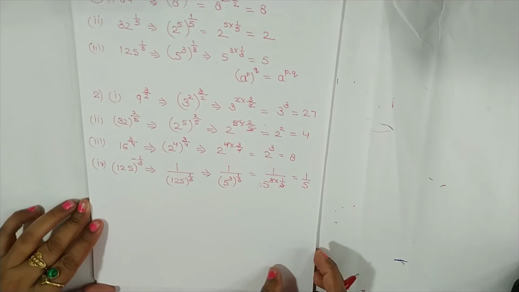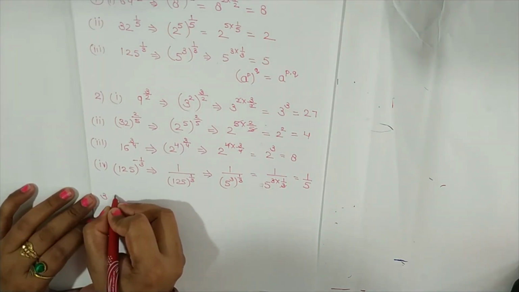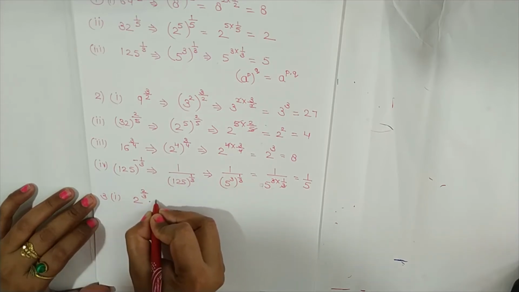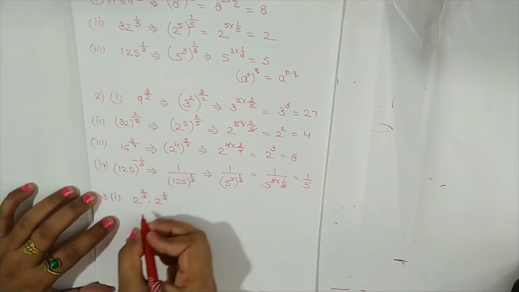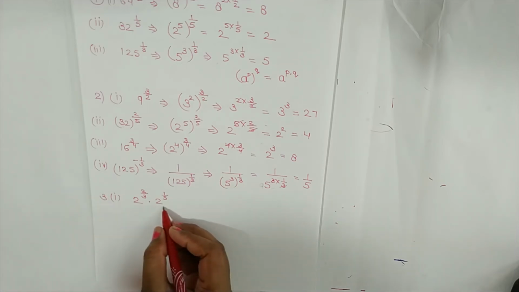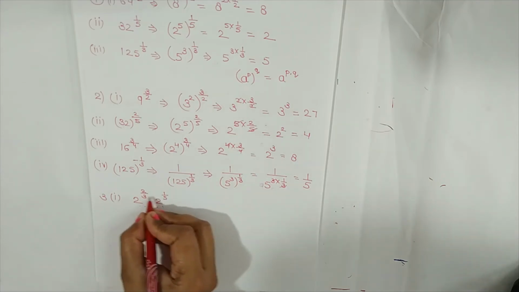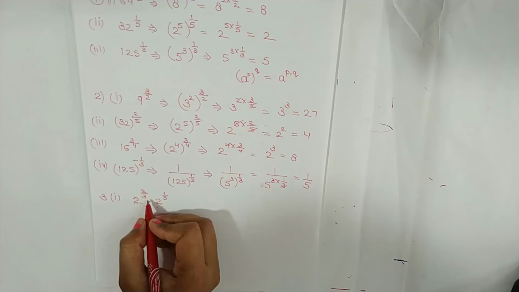Now question number 3. Simplify. The first question is 2 to the power 2 upon 3 into 2 to the power 1 upon 5. We know that when bases are the same, powers will be added.